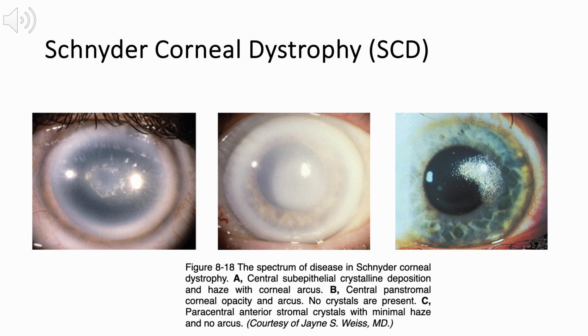Finally, image C highlights paracentral anterior stromal crystals with minimal haze and no arcus, emphasizing the variability in presentation. Together, these examples underscore its varying presentation, which can range from prominent crystalline deposition to purely stromal haze, and why relying solely on the presence of crystals is insufficient for diagnosis.